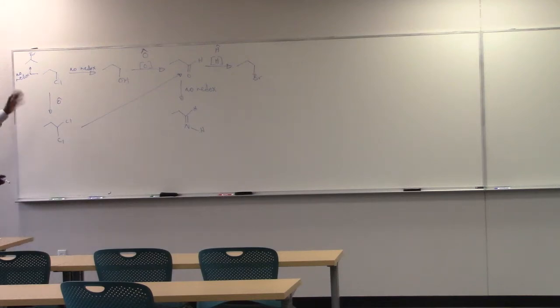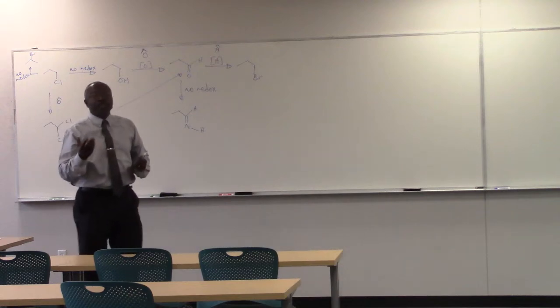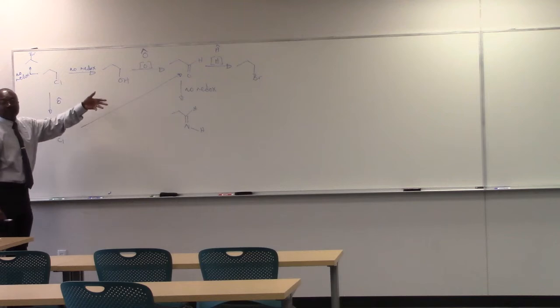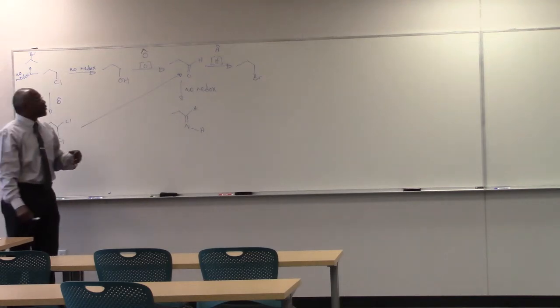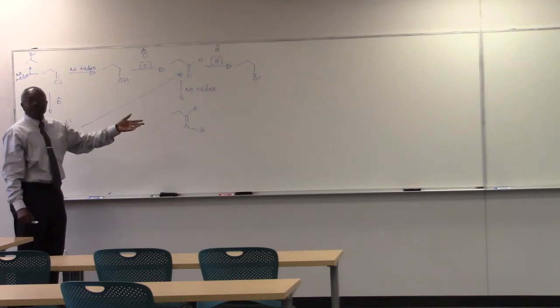So I can tell when there's been overall redox chemistry in a reaction just by looking at what groups are present in the starting material and what's present in the product. And that's very qualitative. What I want to be able to do is to do it in a more quantitative fashion. In other words, there are reagents that carry out oxidation, and I want to know how much of it I need to carry out a given reaction.